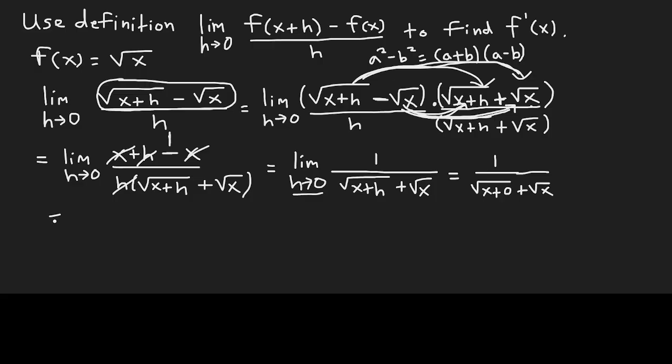Square root of x plus 0 is just square root of x, so that's 1 over square root of x plus square root of x. That equals 1 over 2 times the square root of x. That is our final answer.